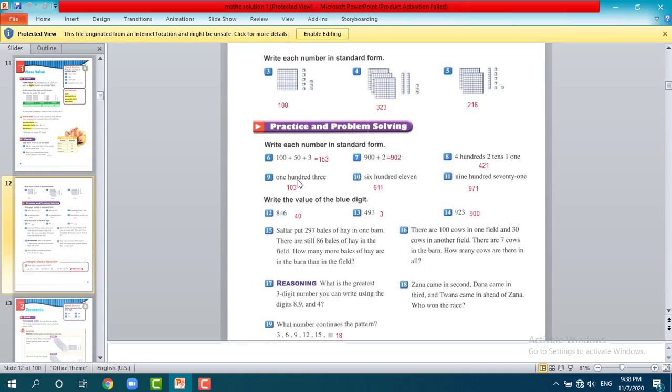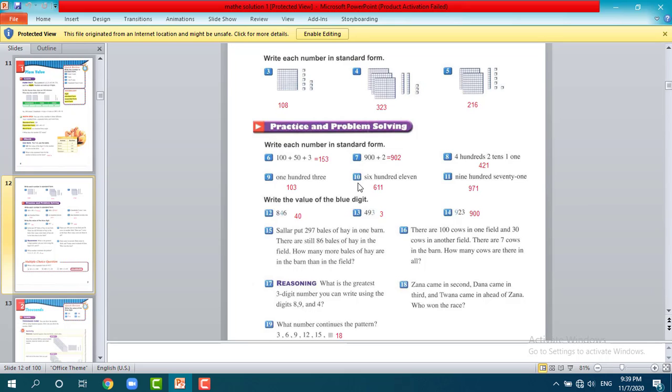We have 100, so we write 1 in the hundreds. After that, it says 3. It's not tens, so we write 0 in the tens. After all of them, we write 3 in the ones. Now we wrote 103.